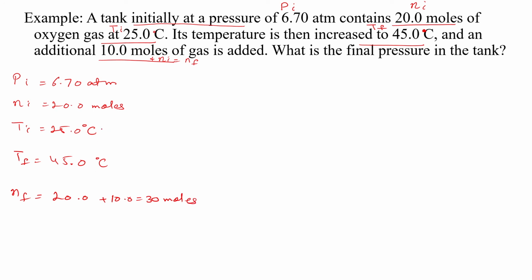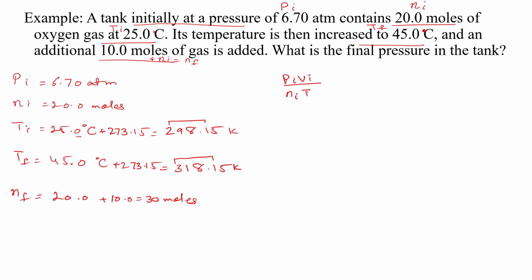So let's first convert the temperatures to Kelvin. Okay, we need to round it to 1 decimal place because this is 1 decimal place. Same here, 1 decimal place. Now we will find our formula, and for the formula, remember, we will always start with Pi Vi over Ni Ti equals Pf Vf over Nf Tf.